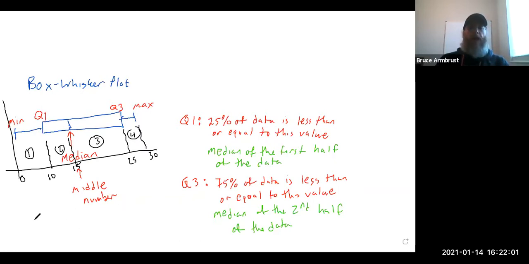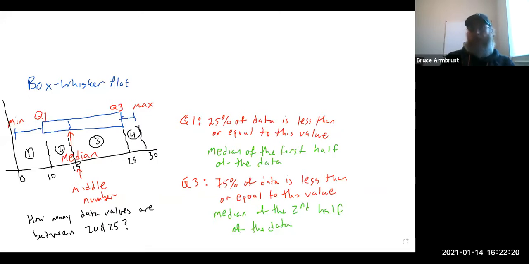And so what if I were to ask you how many data points or data values are between, let's say, 20 and 25? Now, obviously, I don't have a list to look at.